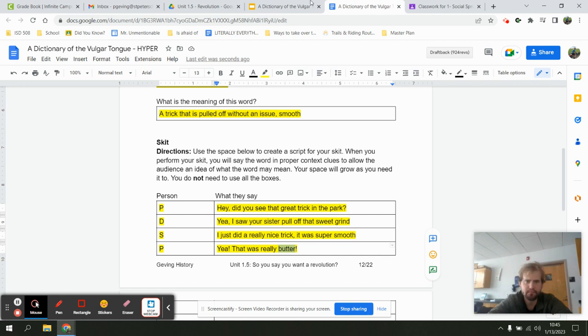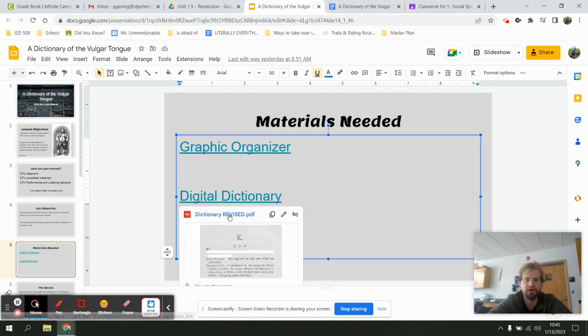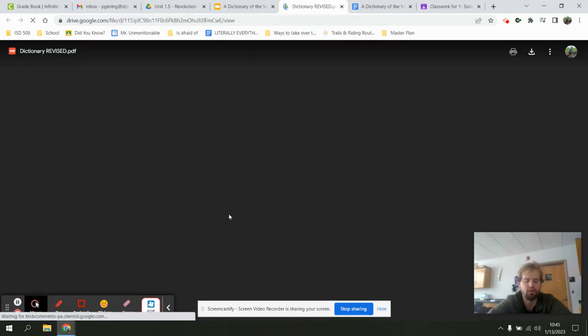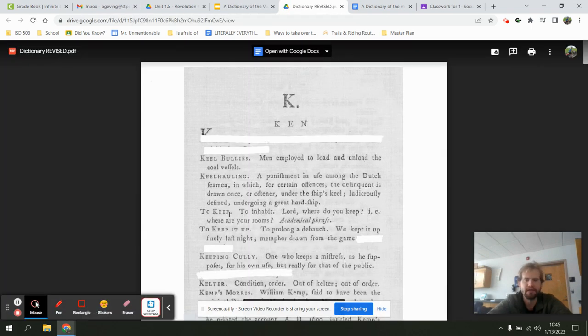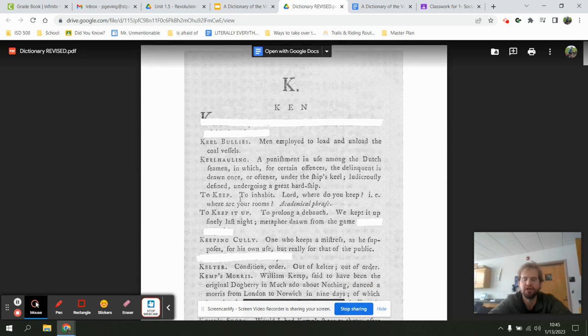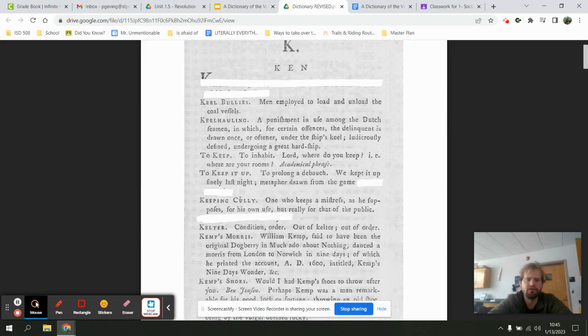Okay. Here's our dictionary. The words you're going to pick are the super old words from the 18th century. And this is a dictionary that was published to try to help people understand what these words are. There's a lot.